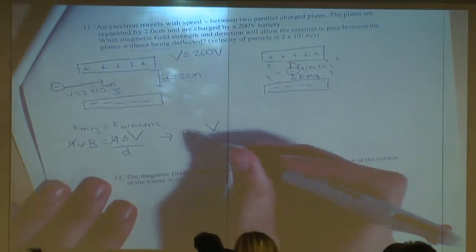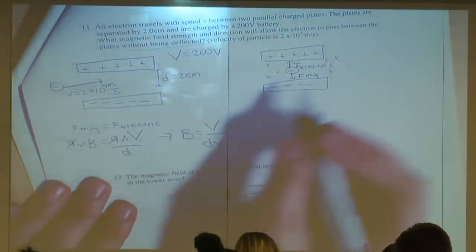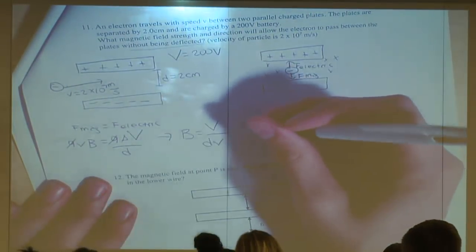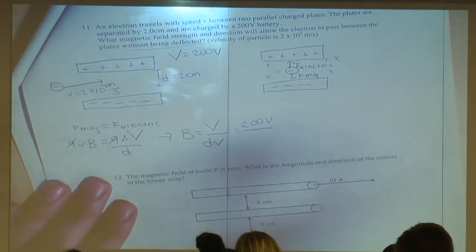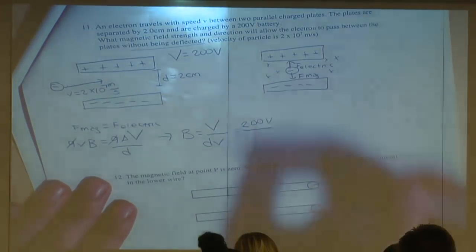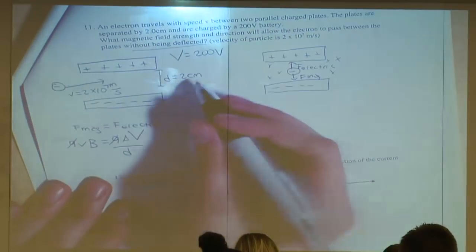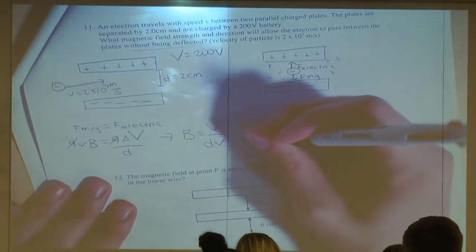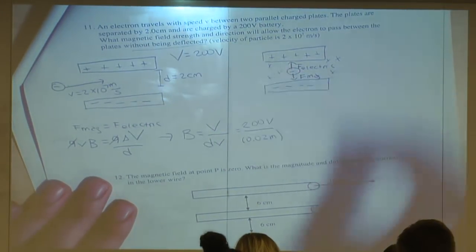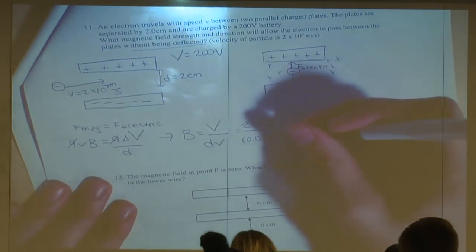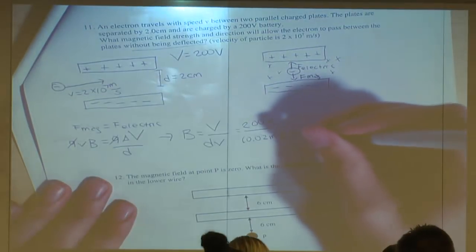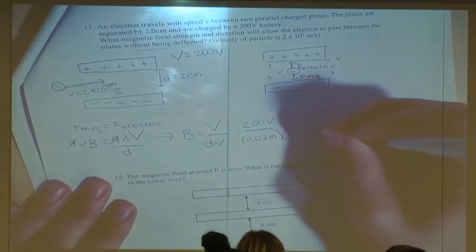Once again, that's little v, this is big V. We know the voltage is 200 volts, and the distance between the plates is 2 centimeters, which is 0.02 meters. The velocity was given, that's 2 times 10 to the 7th meters per second.